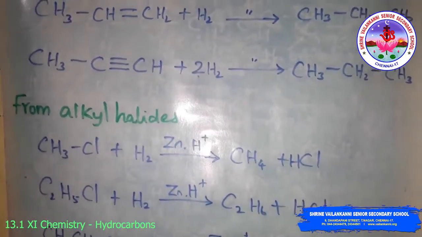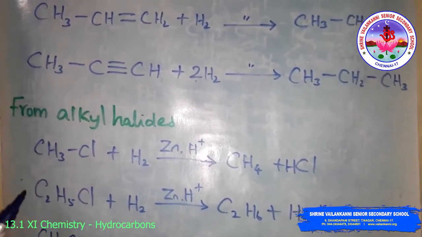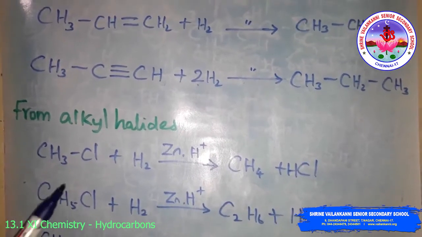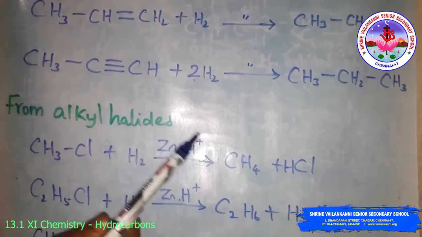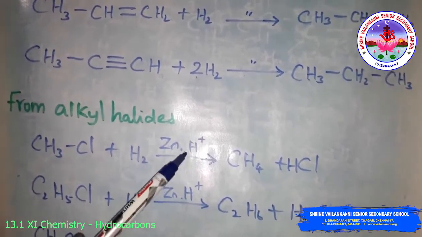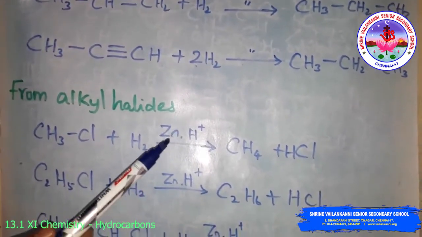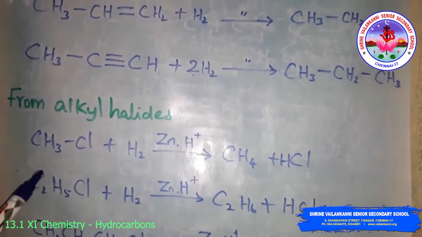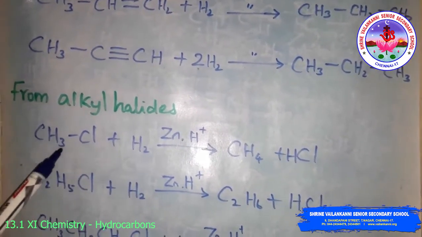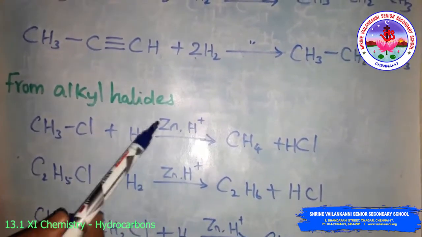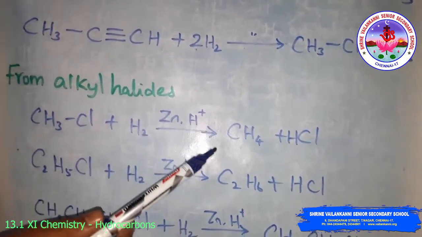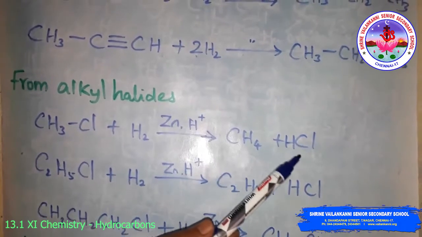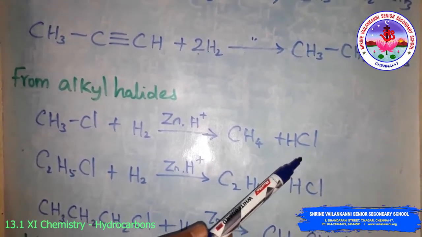From alkyl halides, usually they except fluorides. The reaction of zinc and dilute hydrochloric acid, in the presence of acid, gives the alkane. Chloromethane reacts with hydrogen in the presence of zinc metal and dilute hydrochloric acid or any acid, and you will get methane and hydrogen chloride.